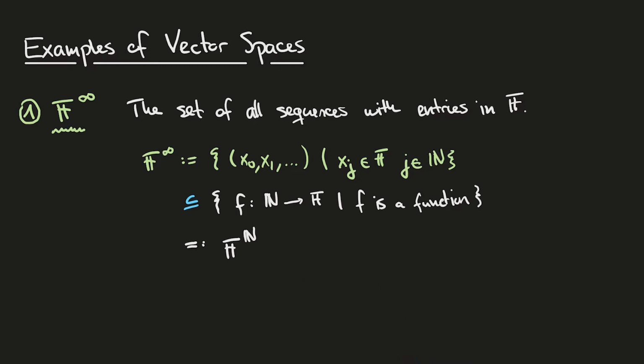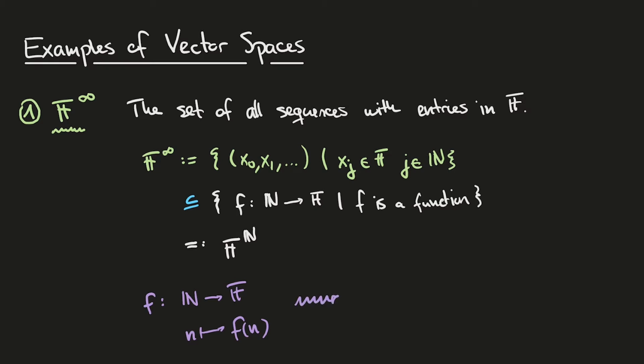Now, to prove the other direction, suppose we're given some function f which goes from the natural numbers n to our field f. This means that each natural number, small n, is assigned a value f of n, which is an element of the field f. We can now get a sequence determined by this function as follows.